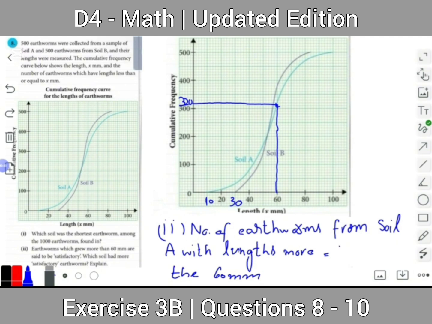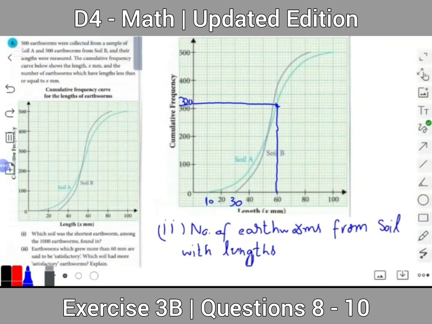So we subtract 320 from 500 and we get 180. So the number of earthworms from soil A with lengths more than 60 millimeters is 180.